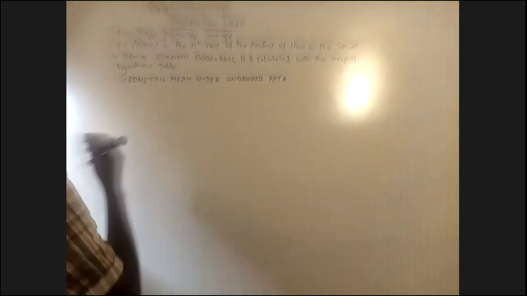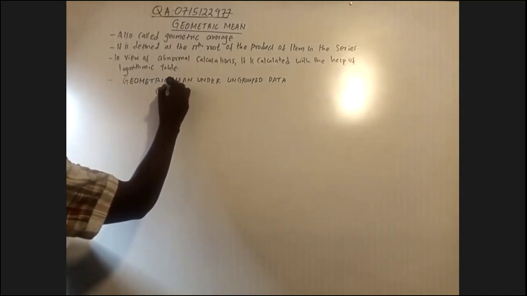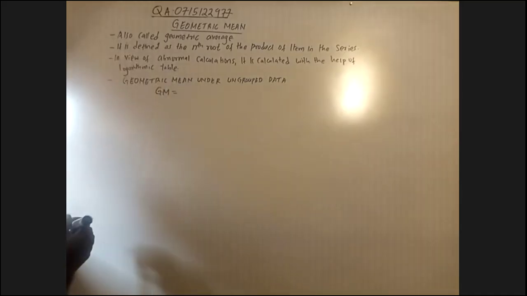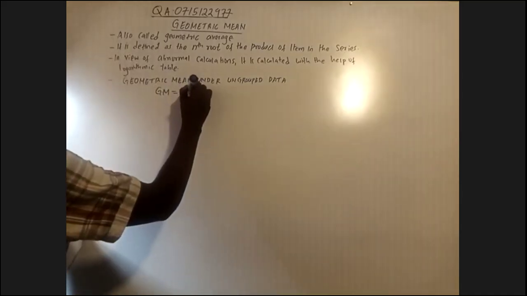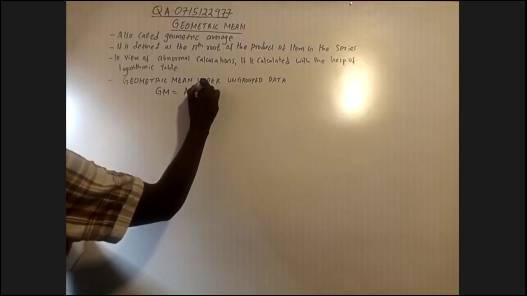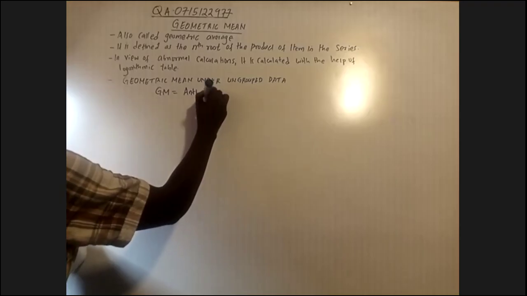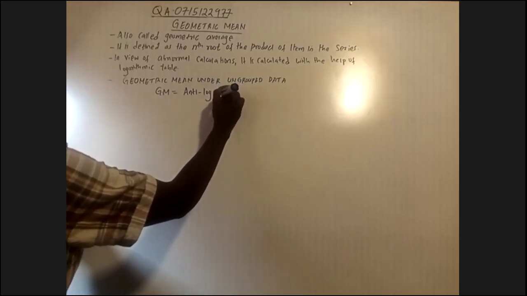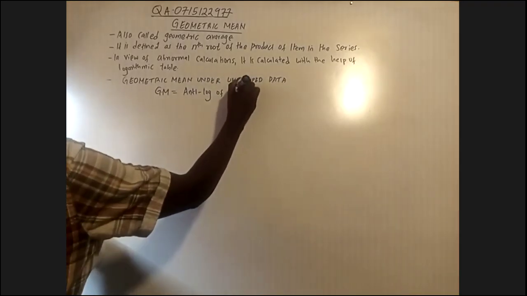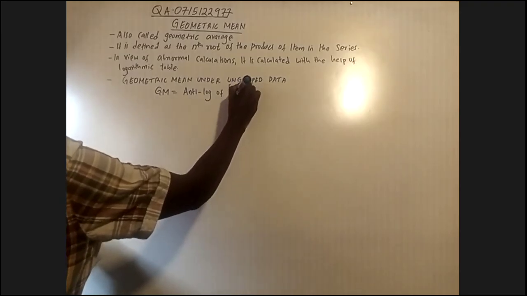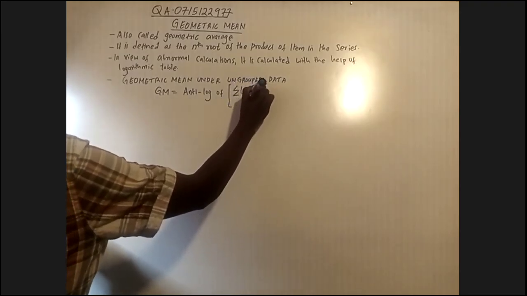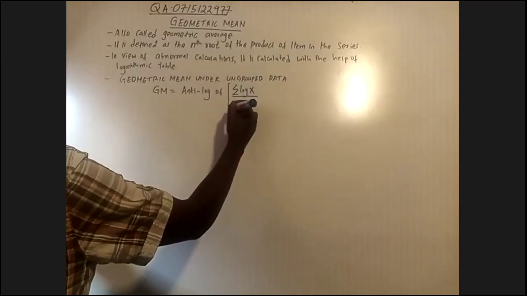Now for ungrouped data, our GM, which is geometric mean, is the antilog of the summation of log x over n.